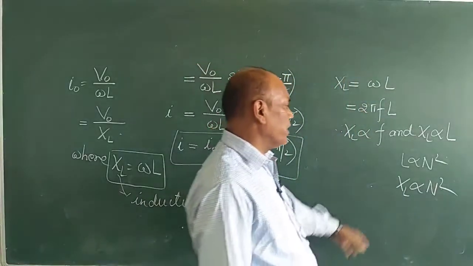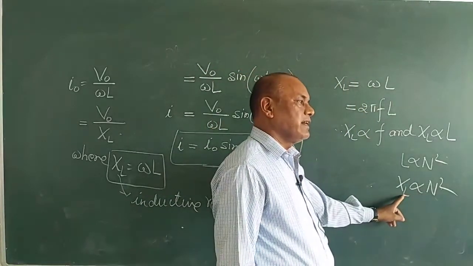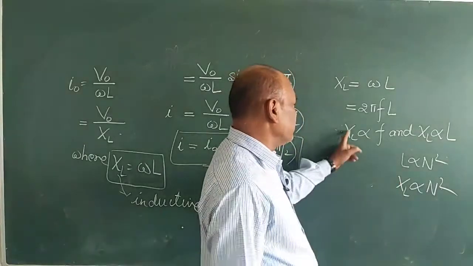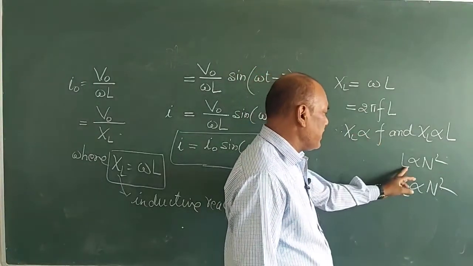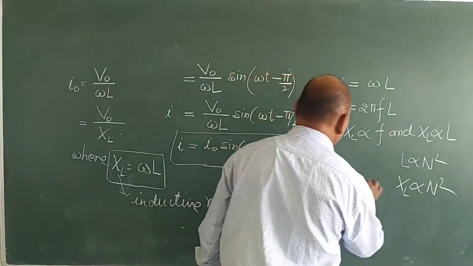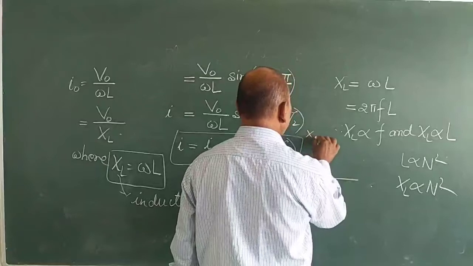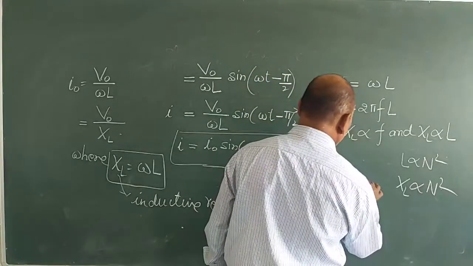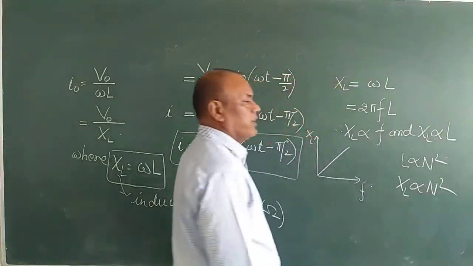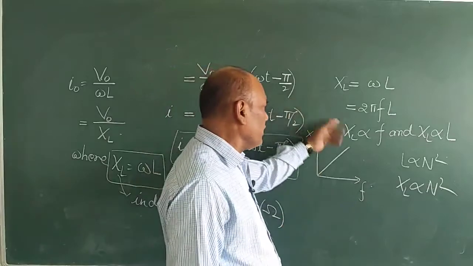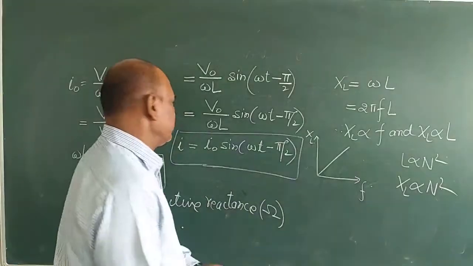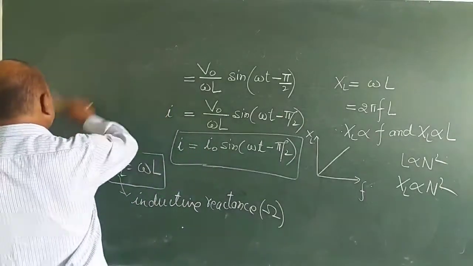So on increasing the number of turns in the coil, the inductive reactance of the circuit also increases. Graphically, XL is represented here and frequency is represented here, then XL is proportional to F, so this type of relation will be obtained. This XL has a behavior like resistance.